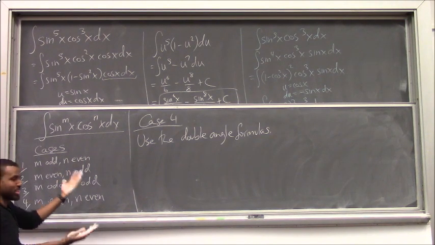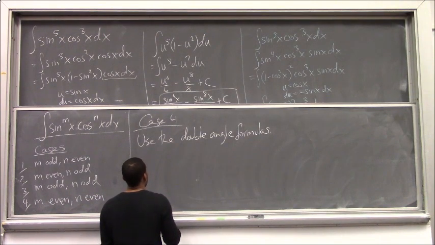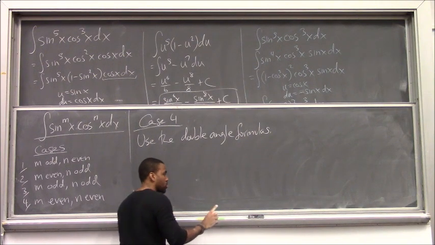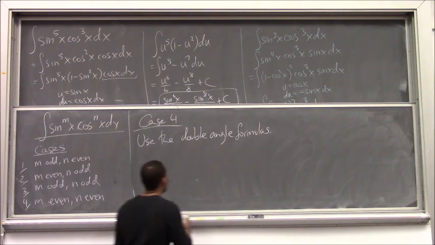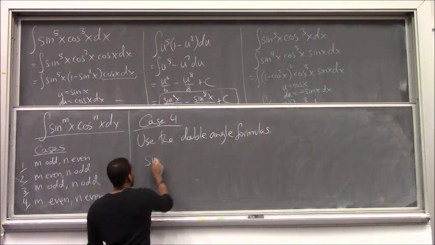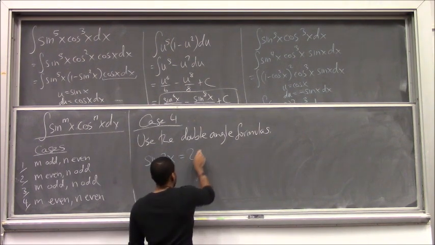There are so many reasons why we should remember this. But you should know how to write, well, these aren't the important ones for this application, but in general, you should know what is sine of 2x? 2 sine x cosine x.